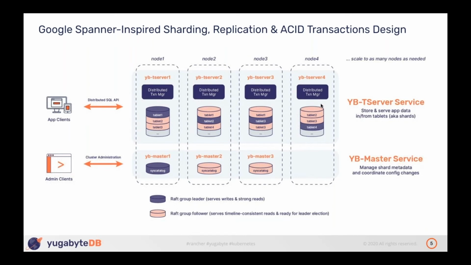Underneath this data service, the YB-TServer service, is a config management server called the YB-Master service, where the metadata about the cluster is kept, which means how many databases there are, how many tables each of those databases has, how many times each table is sharded, and where those shards are located. All that information is present in a special tablet called syscatalog, and that's present in this YB-Master service.